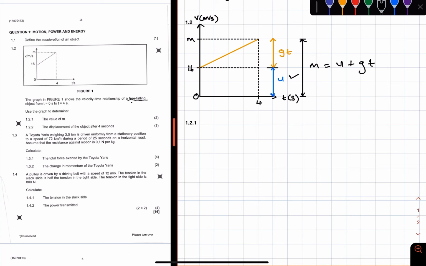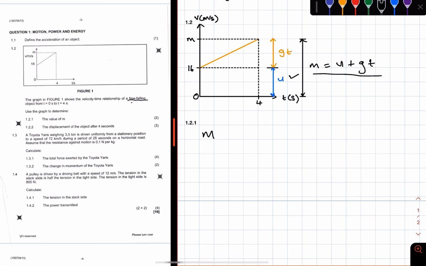So the value of m, as we have established, m represents the final velocity, and the final velocity is equal to u plus gt. Now u, being the initial velocity, is 16 meters per second. And then gt, we have t being 4 seconds, and g, as we know, is 9.8.